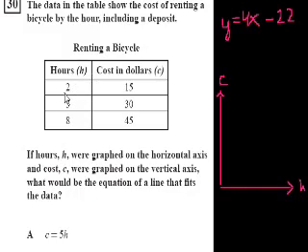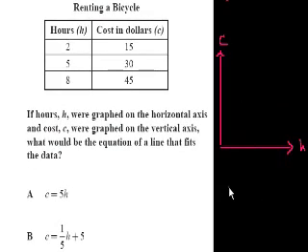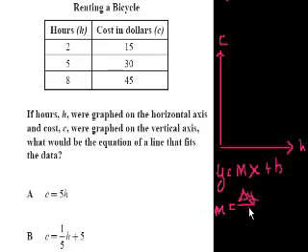It's a linear relationship, so we could treat this just like any other line. If we write it as y equals mx plus b, so m, the slope, is equal to change in y over change in x.